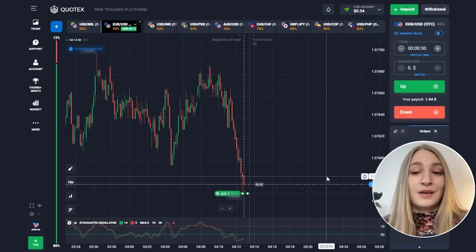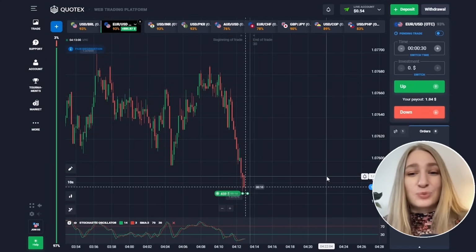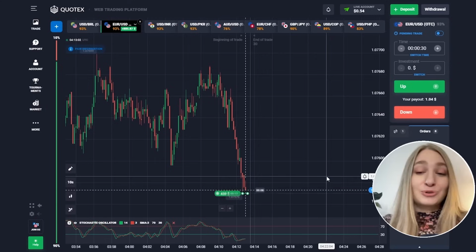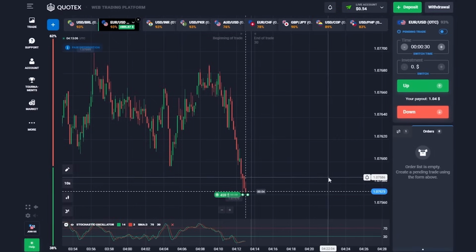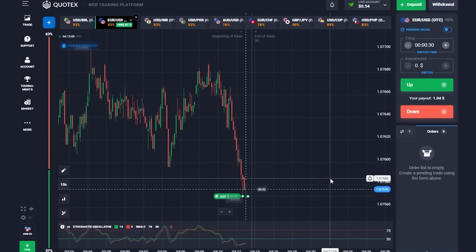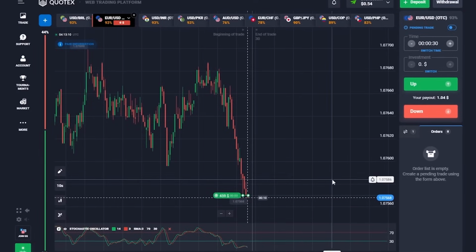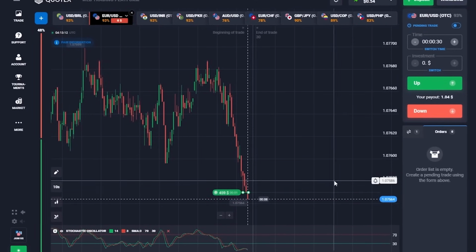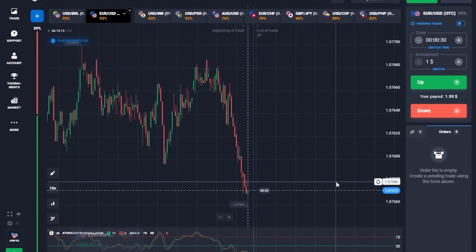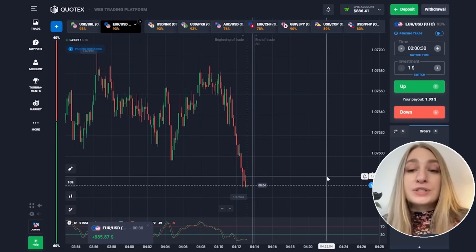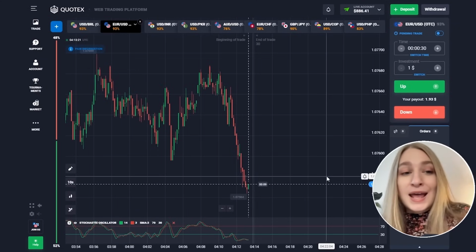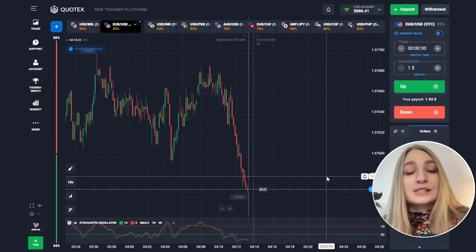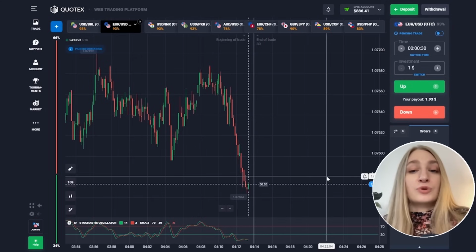That is why we open the trade in the same direction, upwards. Our deal closes in plus. Our balance is $800.86, and our trading indicator works perfectly.